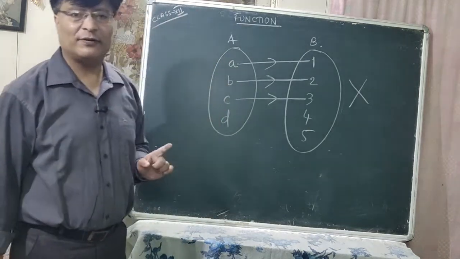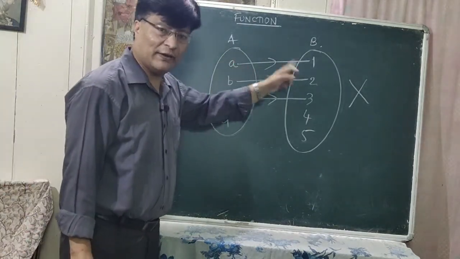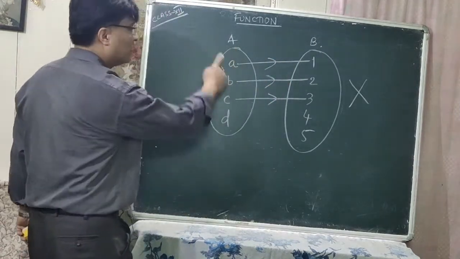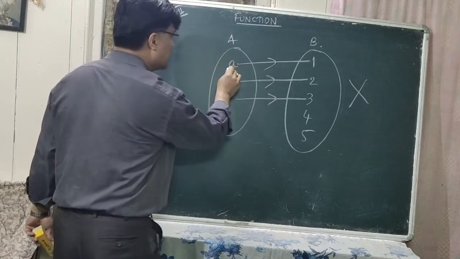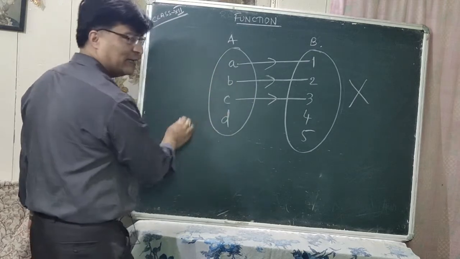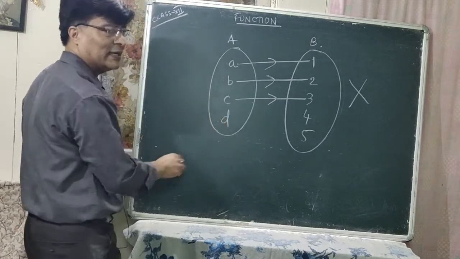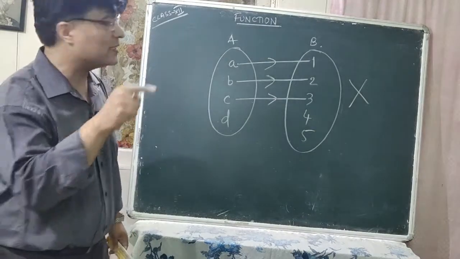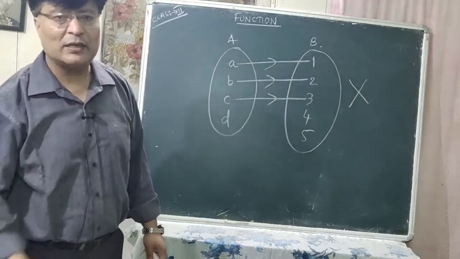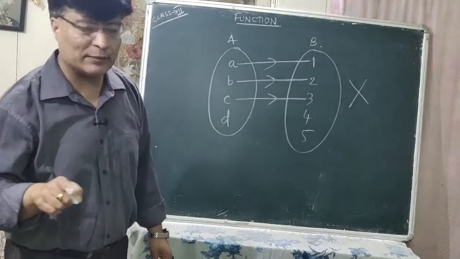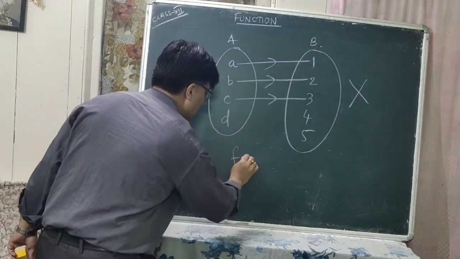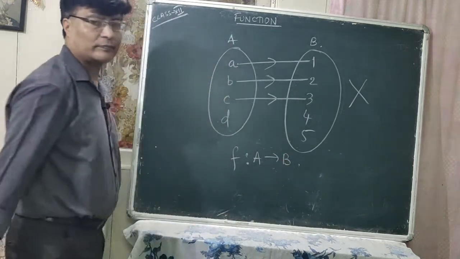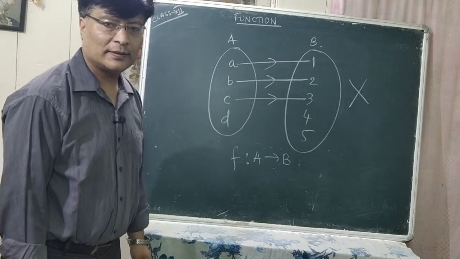Then a rule F for which each element of the set A has a unique image in the set B. Then this rule F is known as the function from the set A to the set B, and we write it as function F such that A to B. Is that clear?